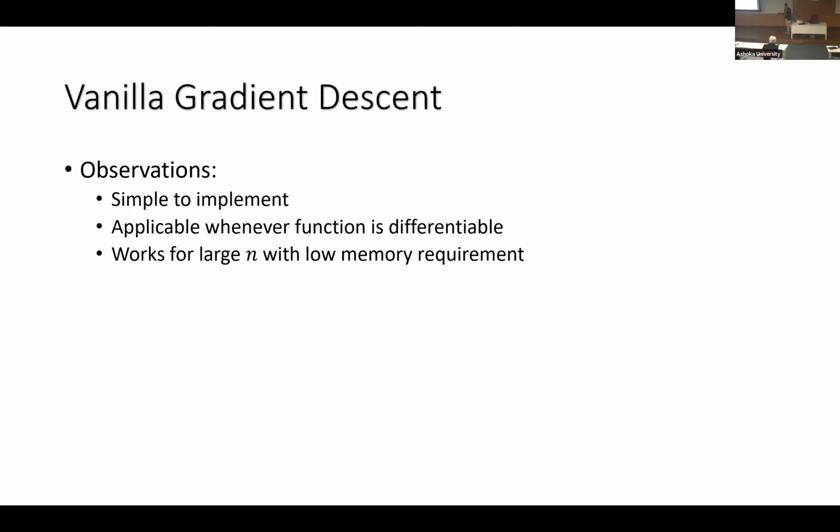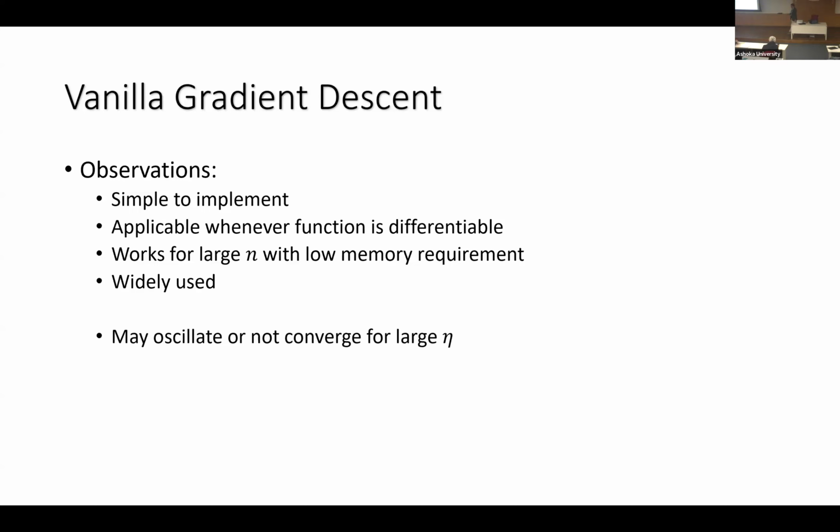The memory overhead of gradient descent is really low, and you can scale it up for very, very large n. The order complexity is order n, because n is the number of entries. That's why gradient descent is widely used.